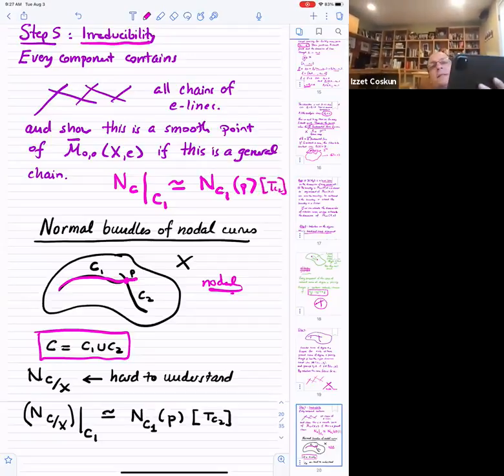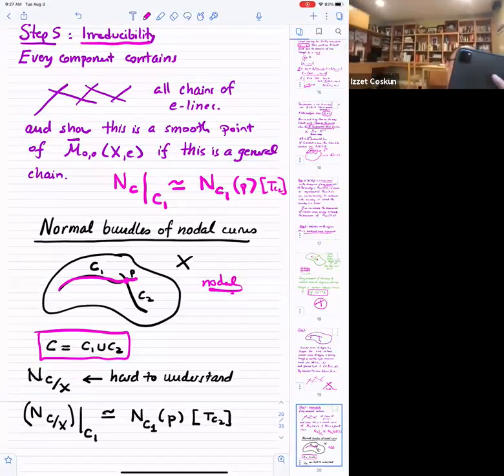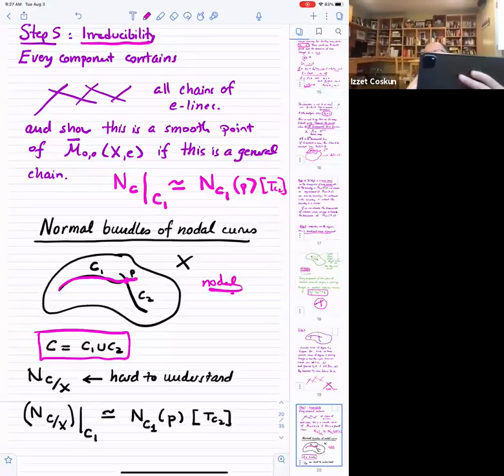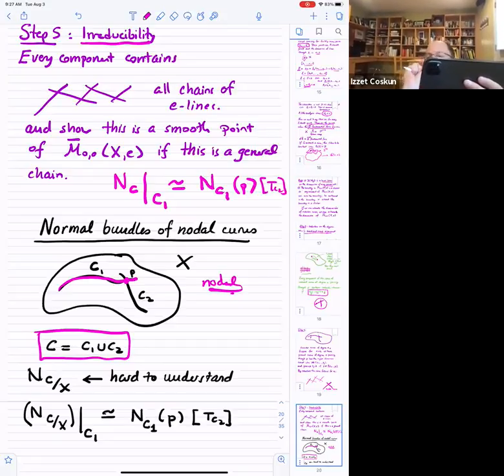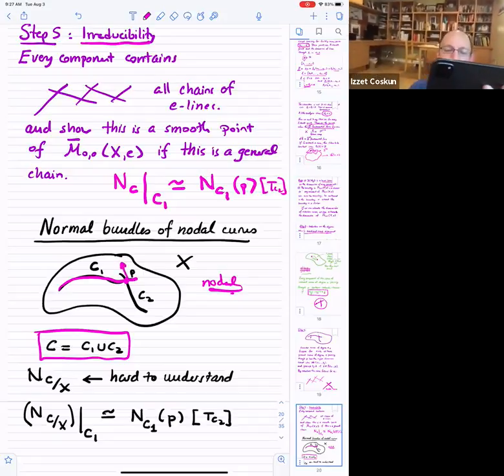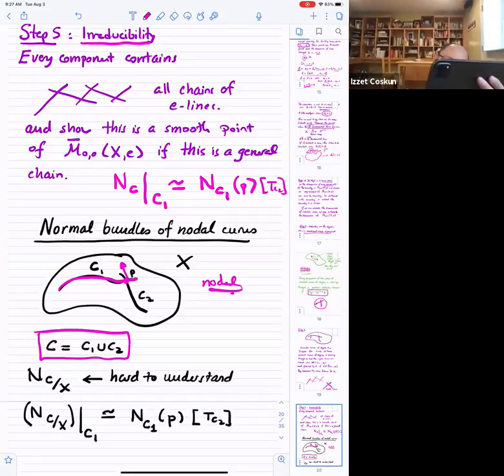In other words, the normal bundle of the union of the curves restricted to one component is the normal bundle of the component where you allow an additional pole in the direction of the tangent line of the other component. Again, this is a local calculation. You can find it in many places.